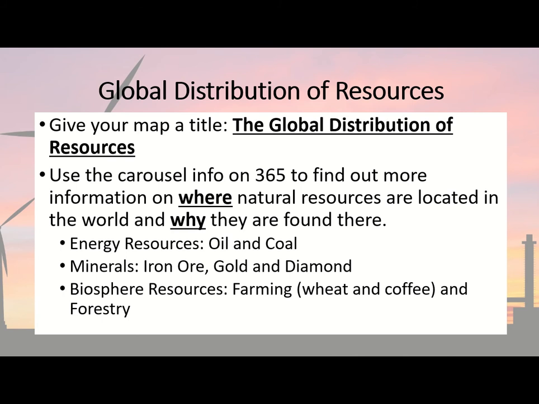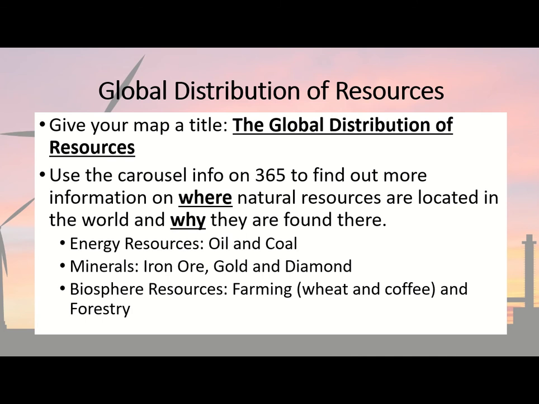And then biosphere resources, so farming land for wheat and coffee, and forestry, so trees, essentially, for either timber or all the other various reasons that we use trees for. So those are the 3 categories, and if you'd like to colour code your resources according to whether they are energy, minerals or biosphere resources, then please feel free. I'm sure you can make your maps look really, really nice.